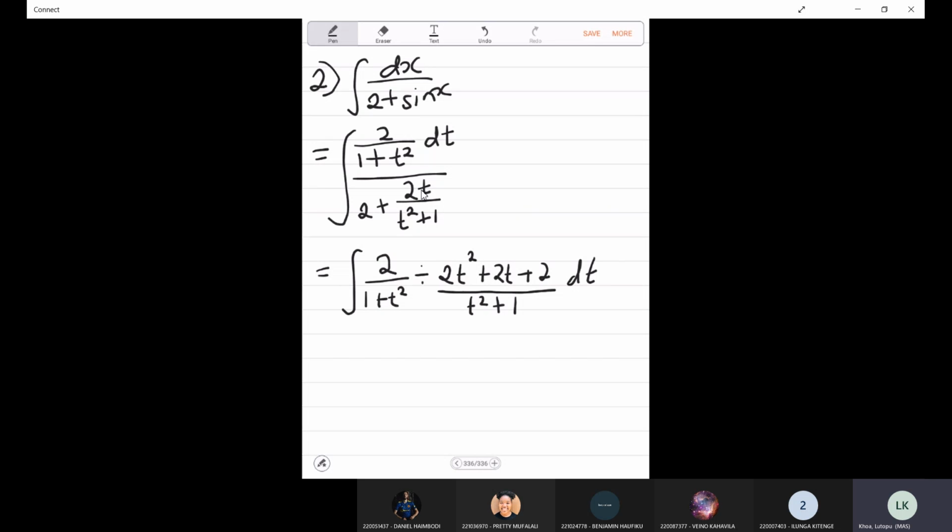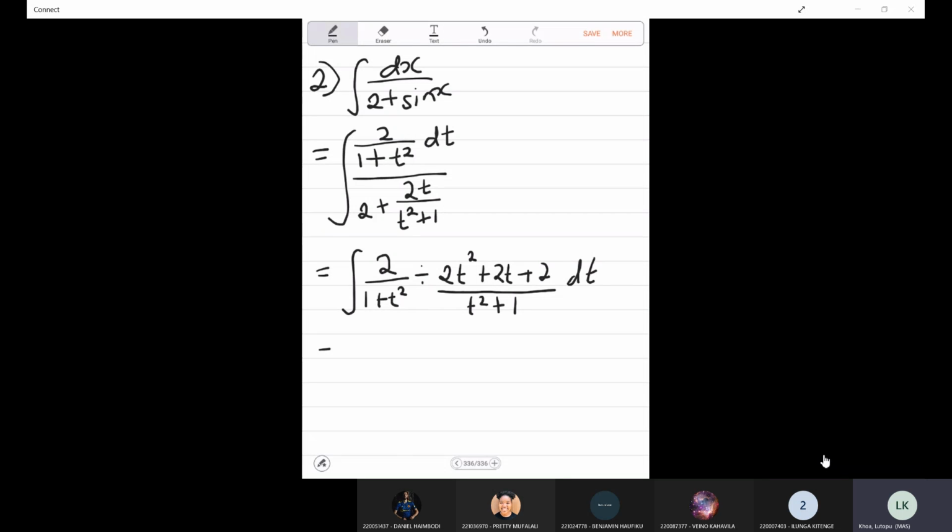Okay, so we changed the division to multiplication and then the reciprocal of that one.